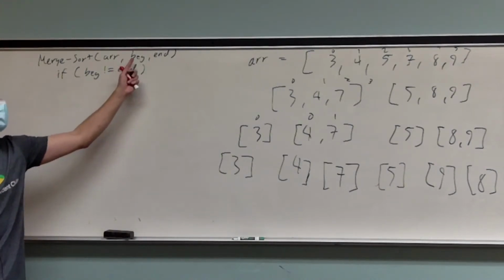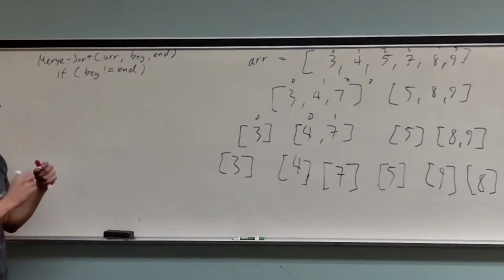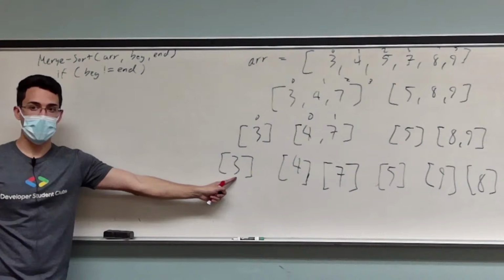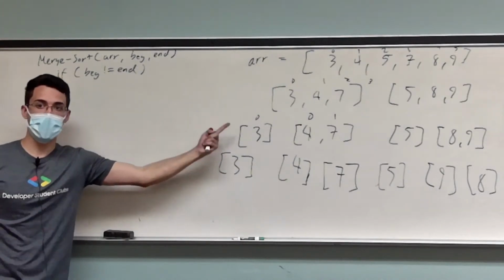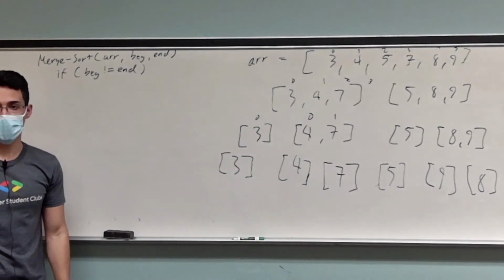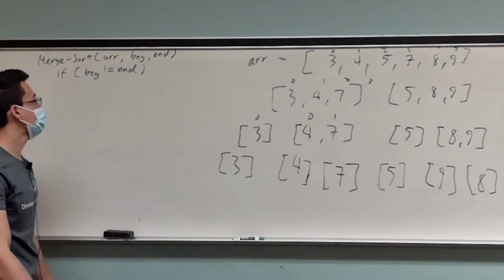These are indices, right? If they were equal to each other, that means we're in this part right here, and we don't want to go down further. We want to go back up. If it's just a one-element array, you don't need to sort it at all. It's already sorted by the mere fact that it only has one element.